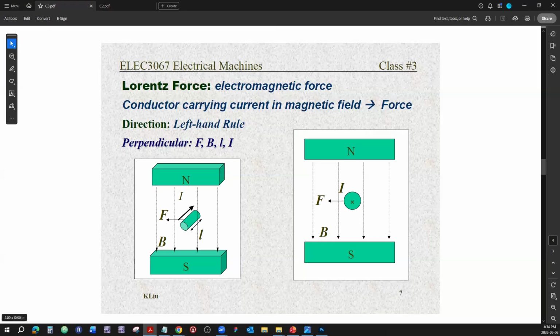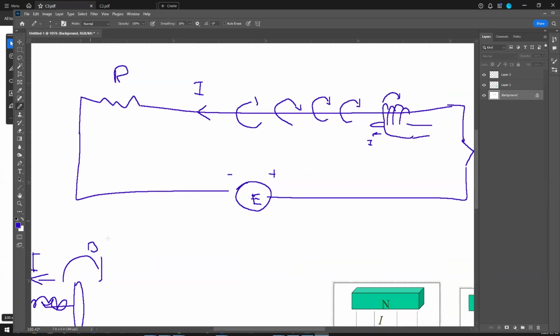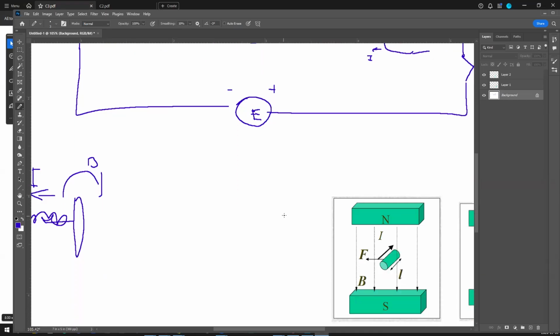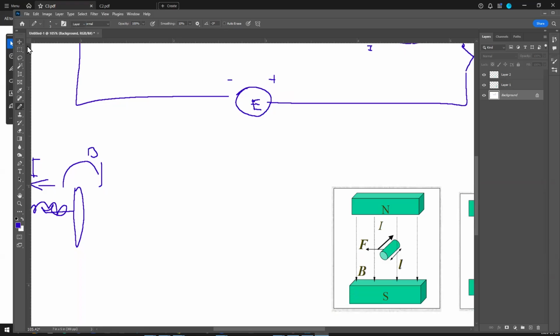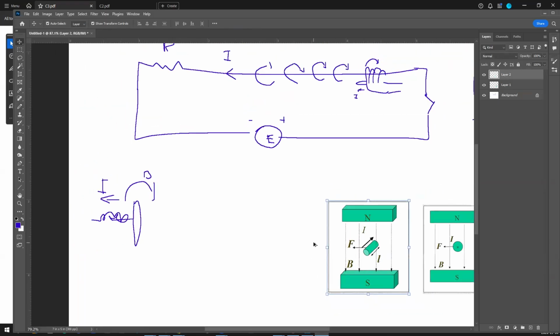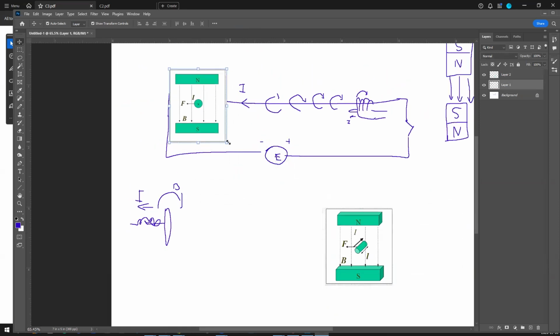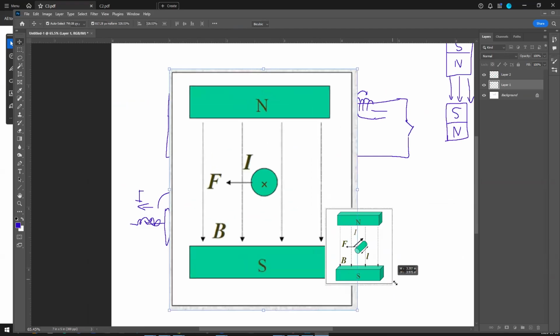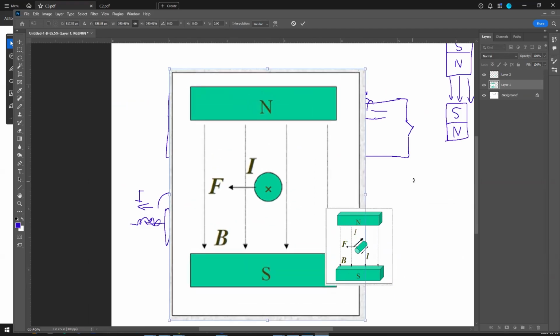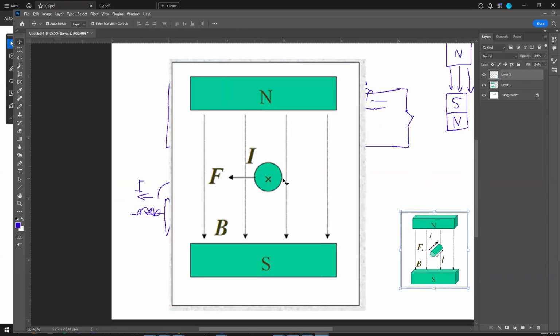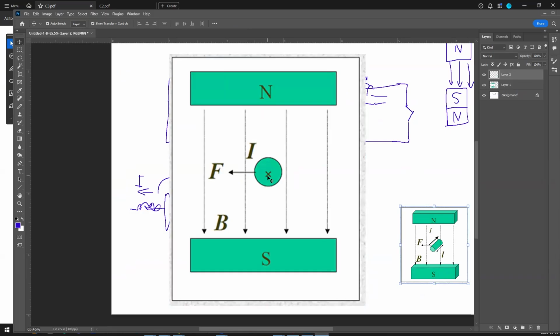How does this thing work? Let me get my board here. Make it bigger and shove this aside. All right, so let's see here. There's a conductor and there's a current flowing into the conductor.